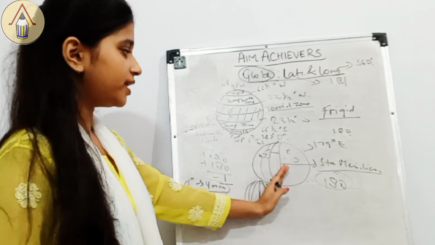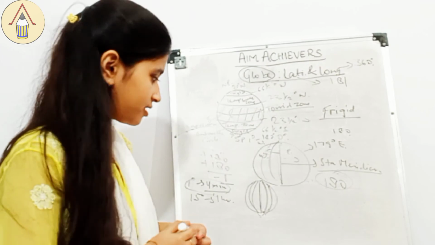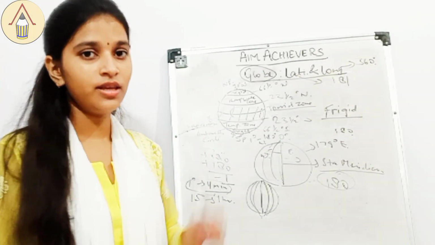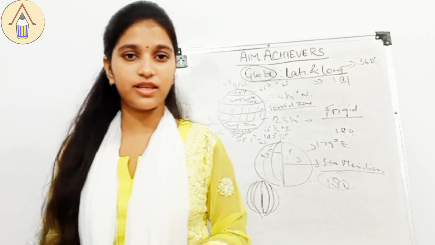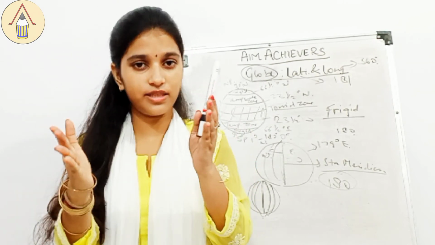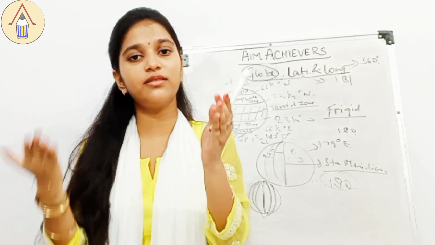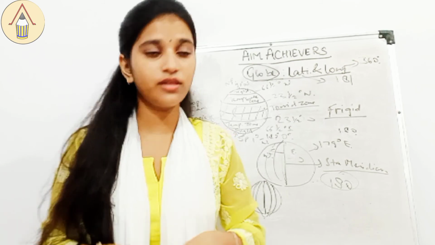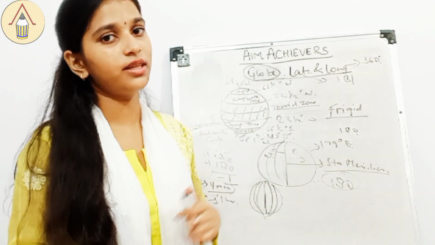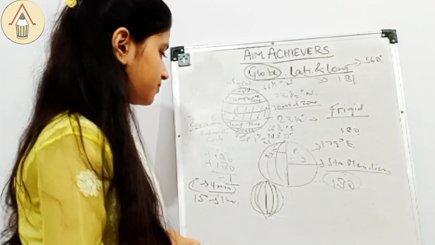So if we divide each and every zone in 15 degrees, then each and every zone is 1 hour ahead of the other. Okay, if it is 12 o'clock on the standard meridian, then 15 degrees ahead, that is one slice, it is 1 hour ahead. Through this only, through various calculations, we can take out the time of any place. So longitudes are important in this case.